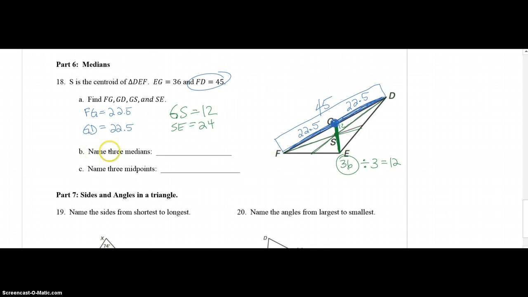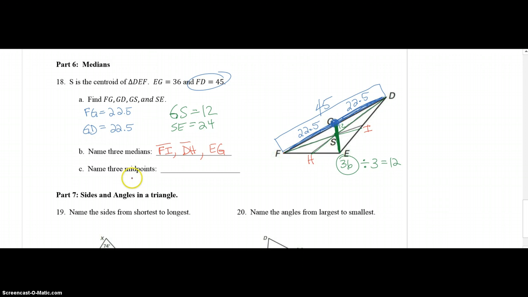Okay, so name 3 medians. We already talked about that when I first started this problem. The medians all meet at the centroid. They go from a vertex to a midpoint. Now in class I had you put H and I here. So the medians are segment FI, it takes 2 points to name them, and DH and EG.